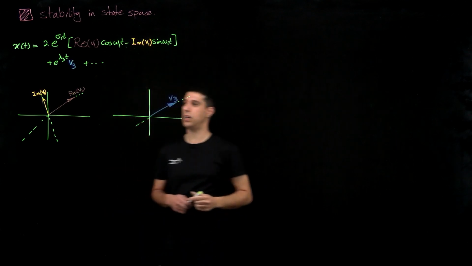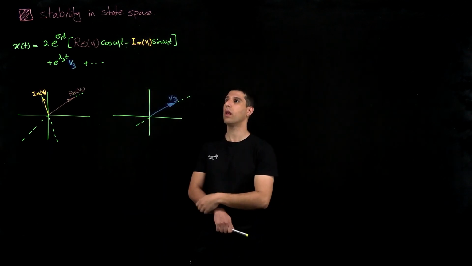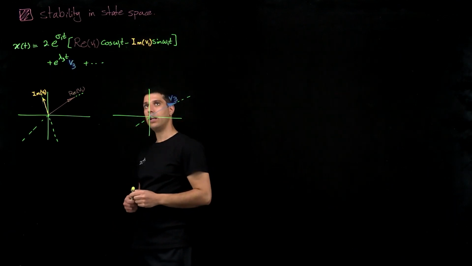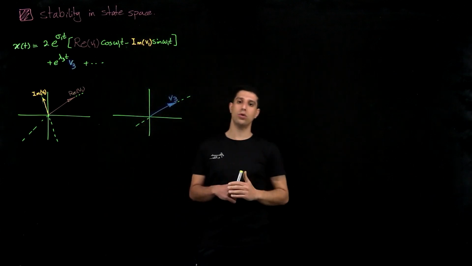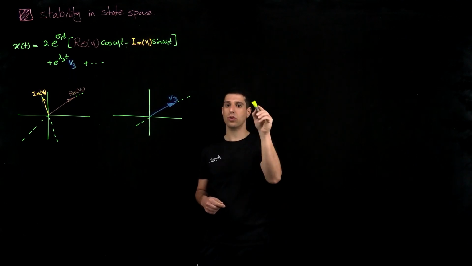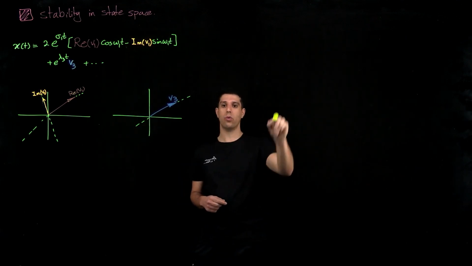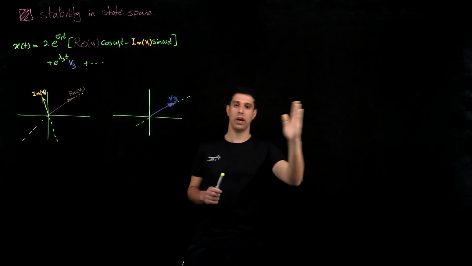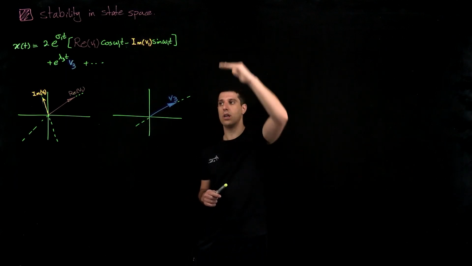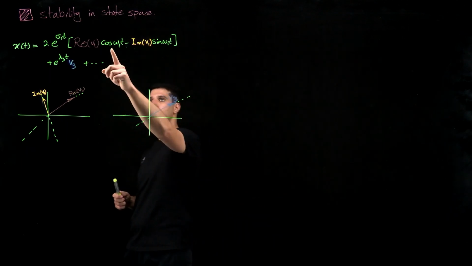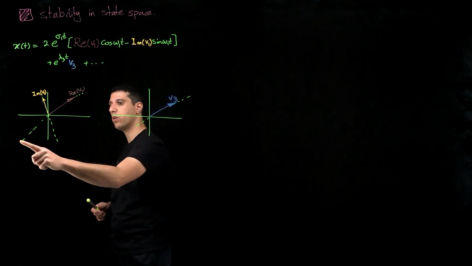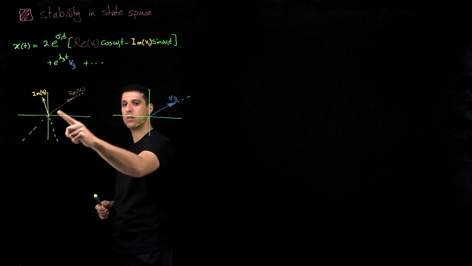I can draw it in my state space. What is happening, each of these is multiplied by a cosine and a sine, similar to the sine and cosine in a unit circle that was going around. As we change the angle, we go around this circle. Multiplying this vector by cosine, essentially I'm going back and forth along this axis.